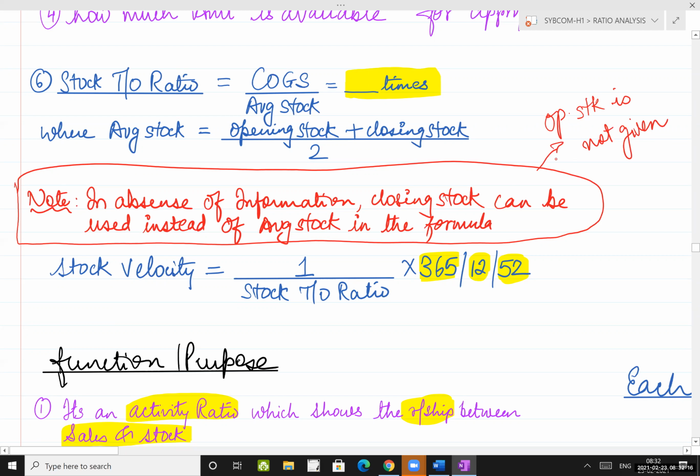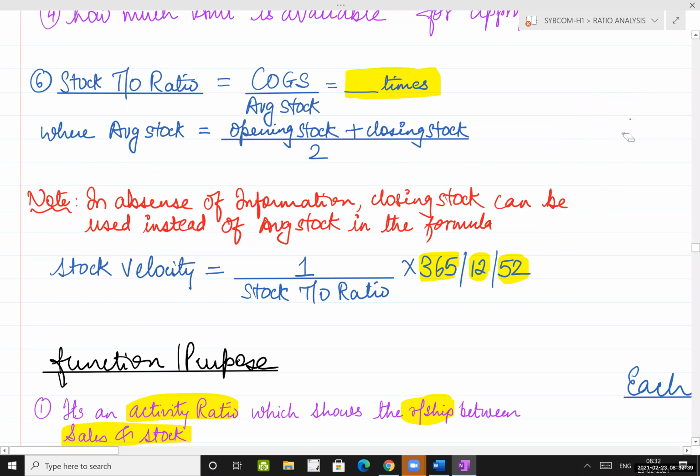Condition applied. Next, stock velocity.